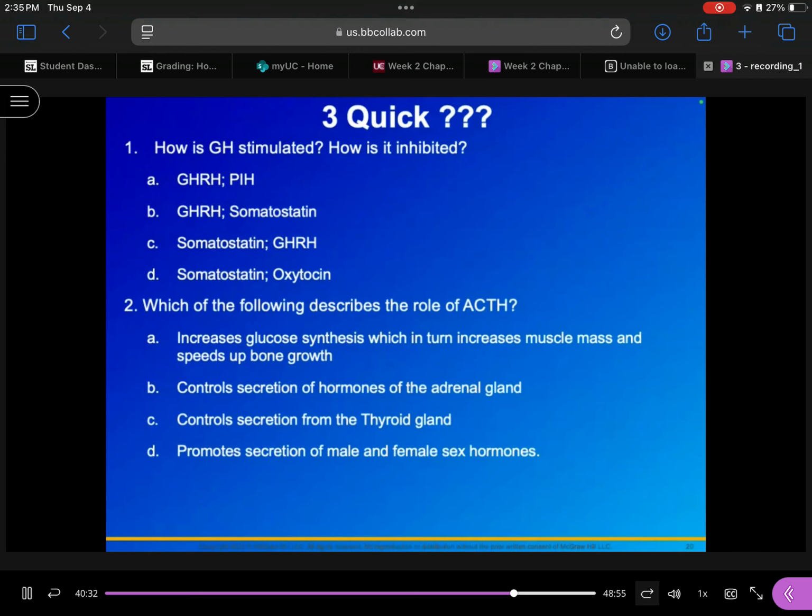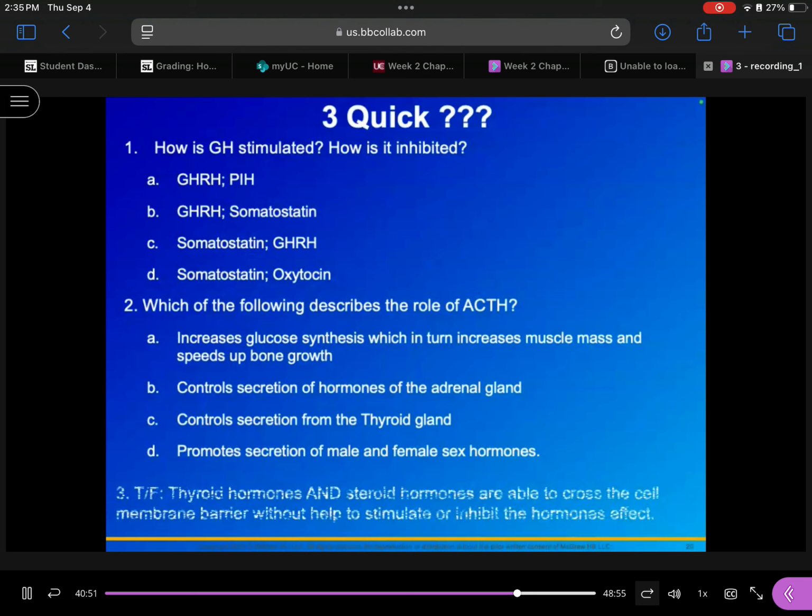Adrenocorticotropic hormone. Very good. It's going to be B. It's going to be secreting hormones of the adrenal gland, and since it's the corticotropins, glucocorticoids, that's going to be from the zona fasciculata. Good.